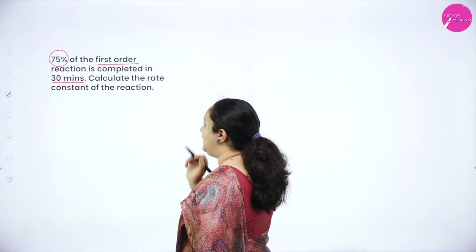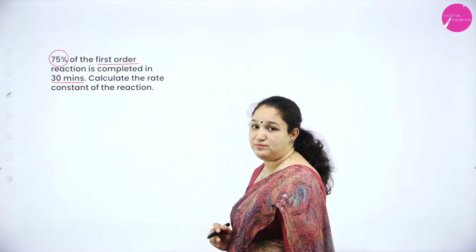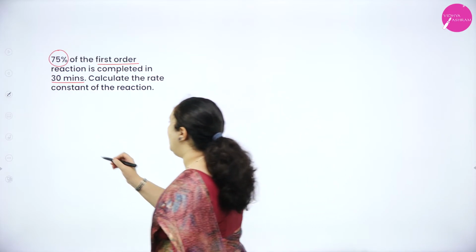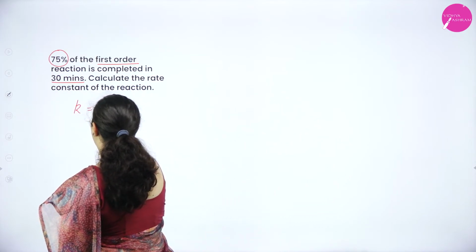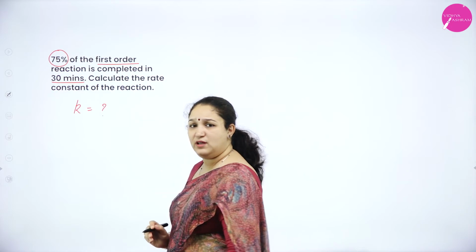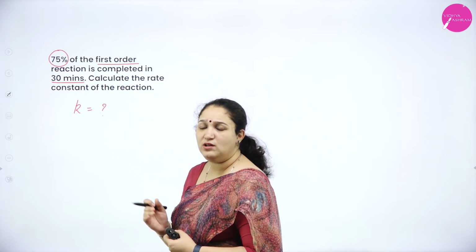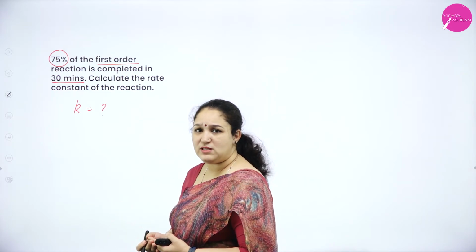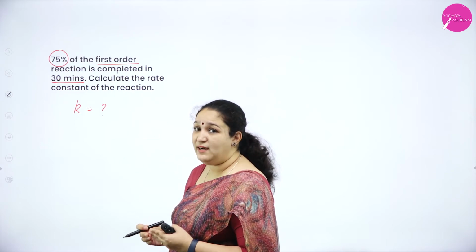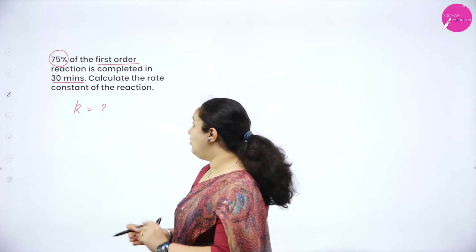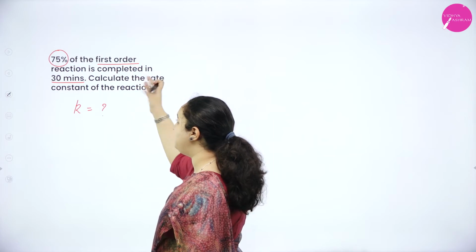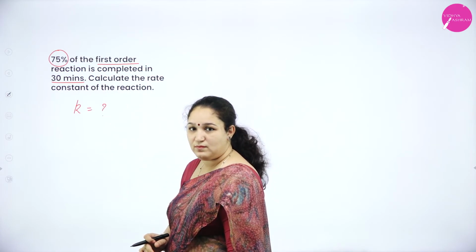So calculate the rate constant of a reaction. So here also you are supposed to calculate K. Now they have not given here initial concentration or the concentration after 30 minutes, isn't it? But they have given us that 75% of the first order reaction is completed in 30 minutes, isn't it?